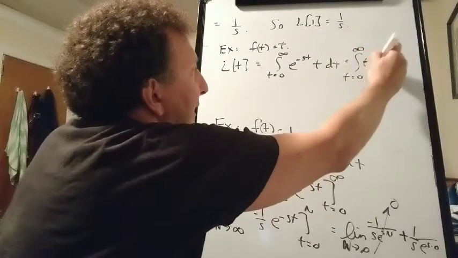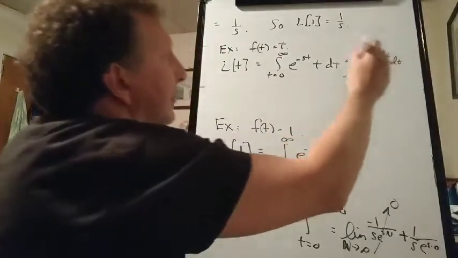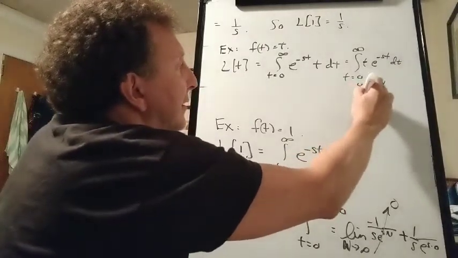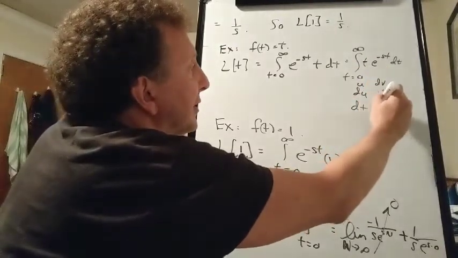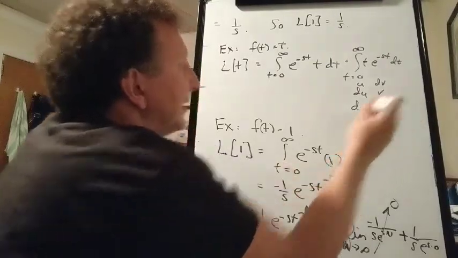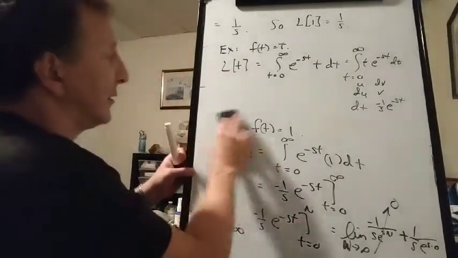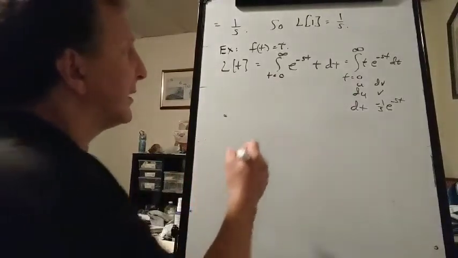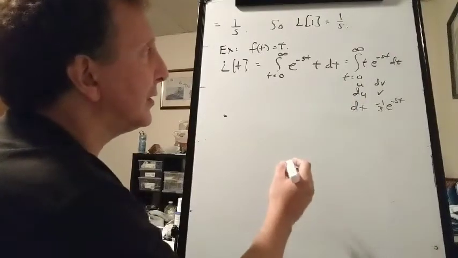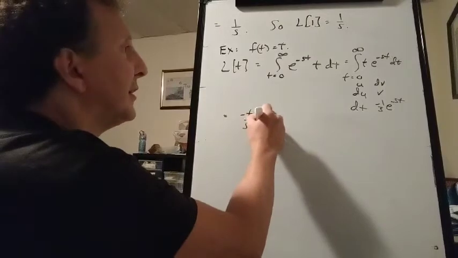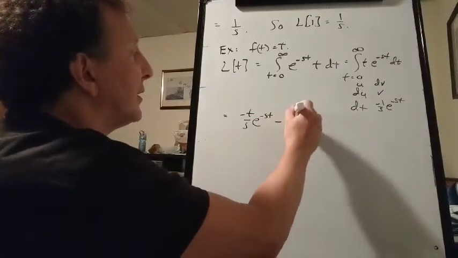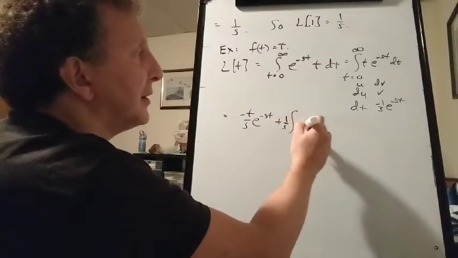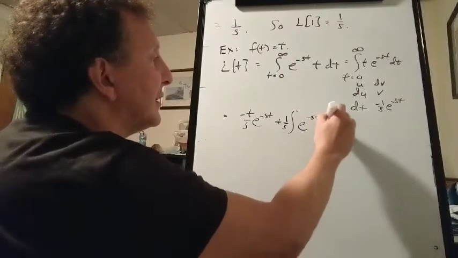So I'm going to write the t first and e to the negative st second, because if we call t u and e to the negative st dt dv, then du equals dt, and v equals negative 1 over s e to the negative st. And we get uv minus the integral of v du: negative t over s e to the negative st, minus the integral of negative 1 over s, so plus 1 over s, e to the negative st dt.